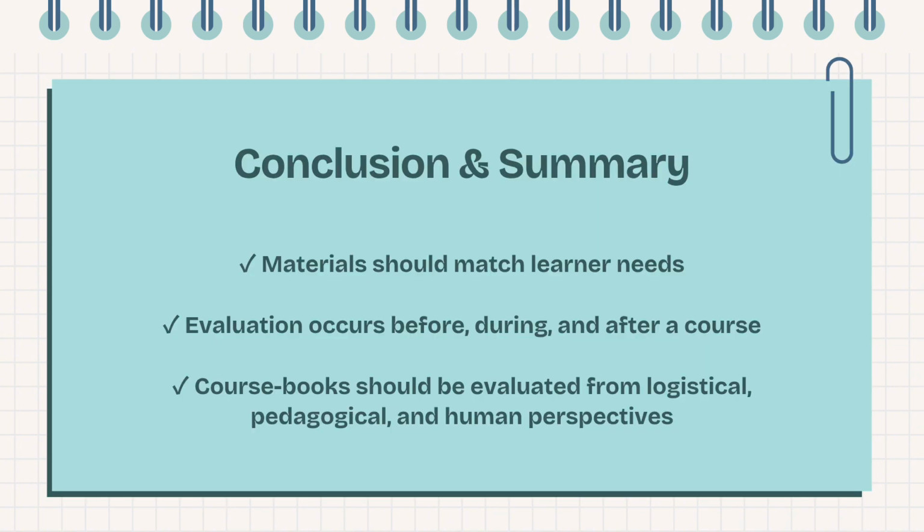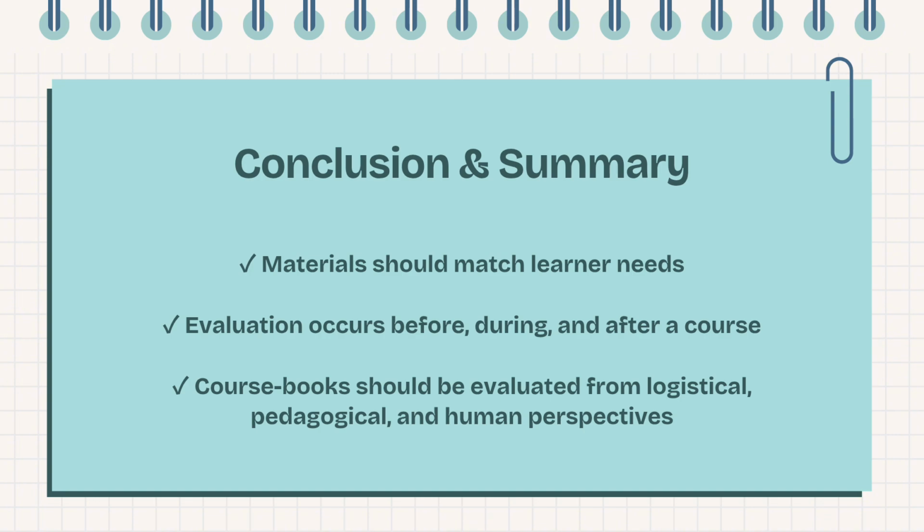To summarize, material evaluation is an important part of ESP. The matching process helps us determine whether materials meet learners' needs or not. Material evaluation can happen before, during, and after a course through preliminary, formative, and summative evaluation.